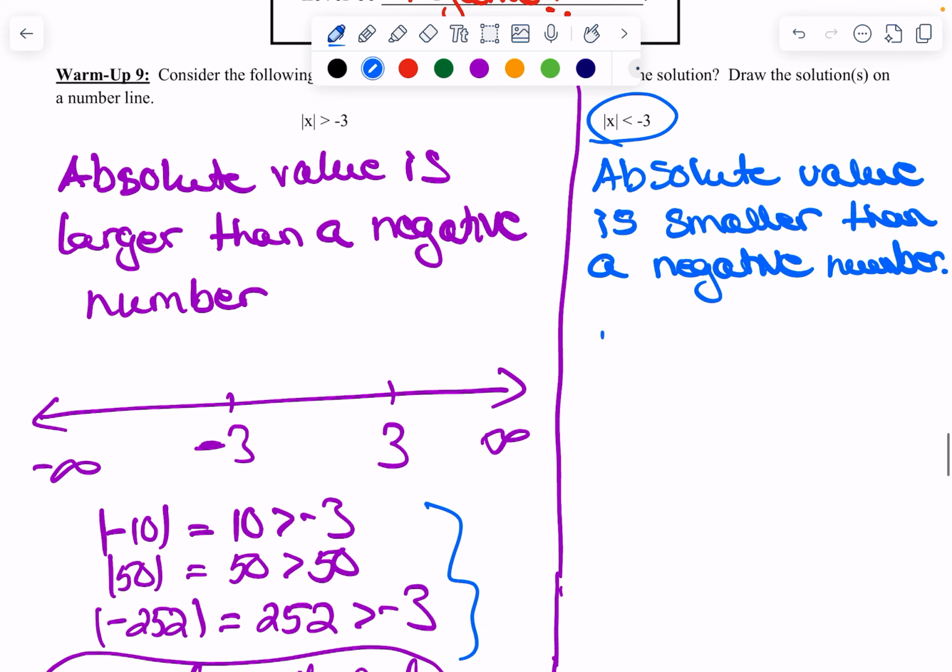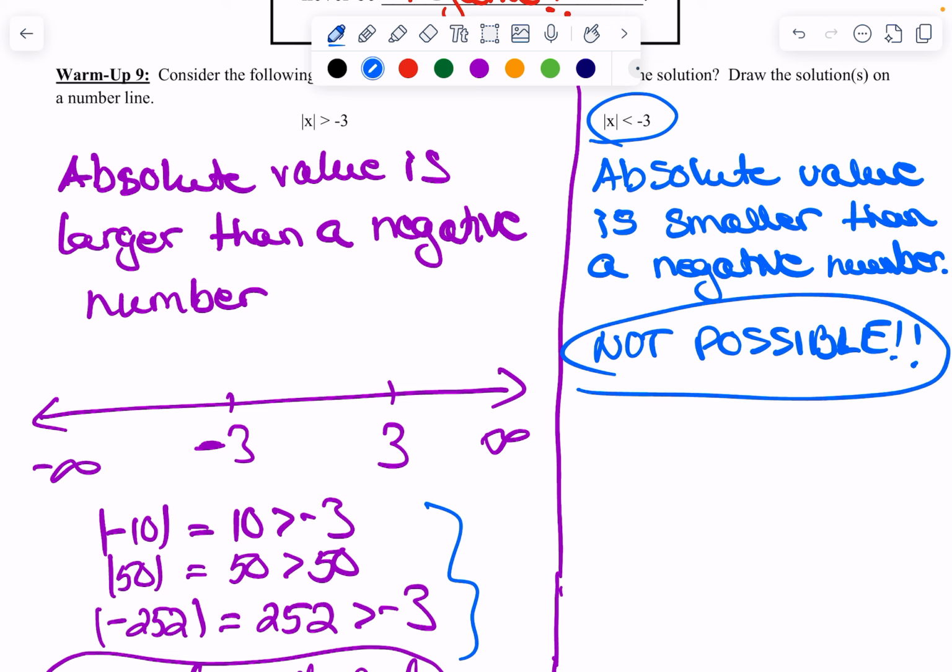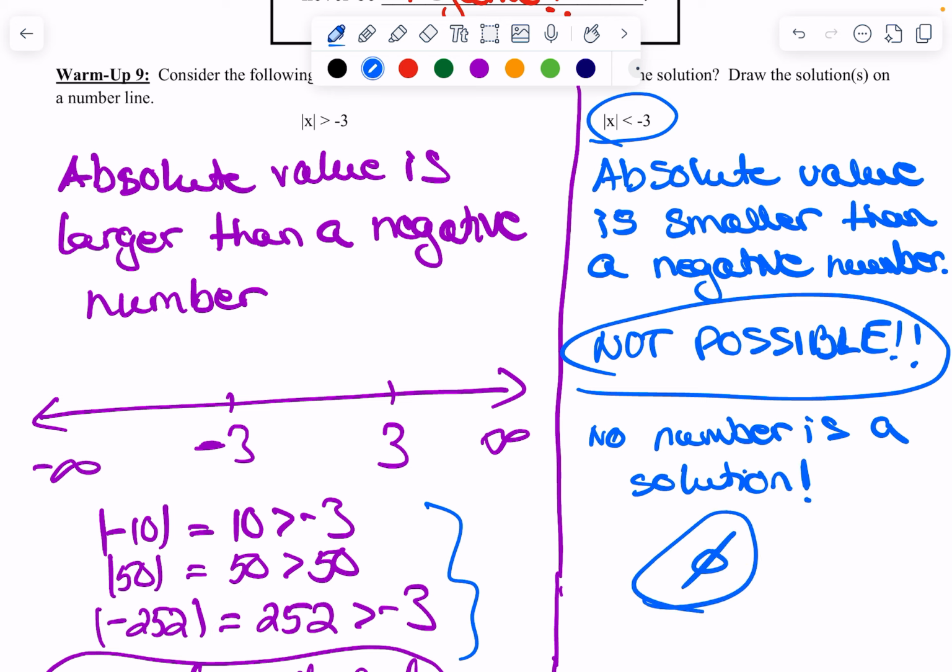So this is not possible. So no number is a solution. Your answer is an empty set. And notice an empty set is like a zero with a line drawn across it.